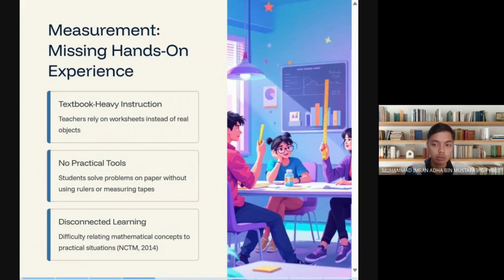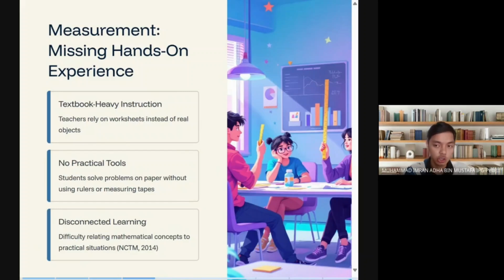As a result, they might find it difficult to relate mathematical concepts to practical situations. So this highlights the importance of experiential learning in mathematics education. When students are actively involved in measuring objects, they are more likely to develop a deeper understanding of measurement concepts.